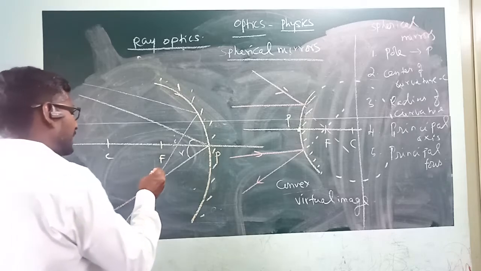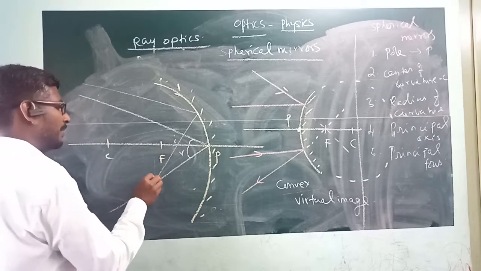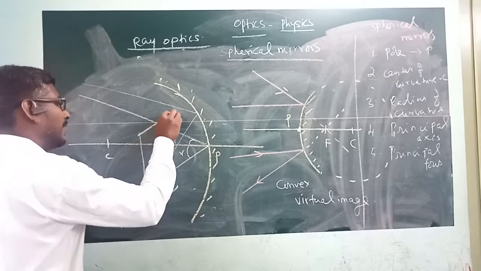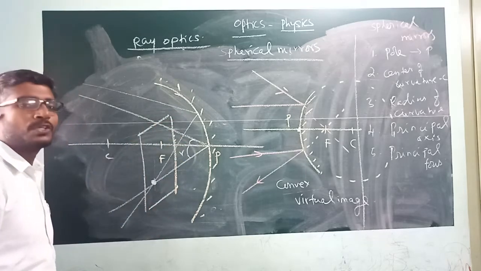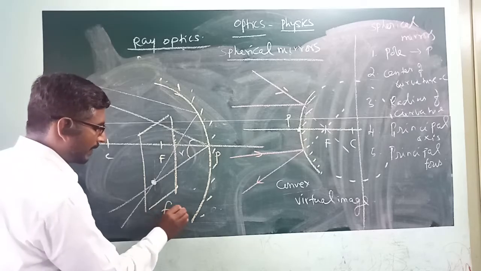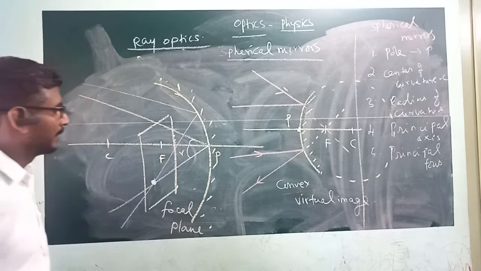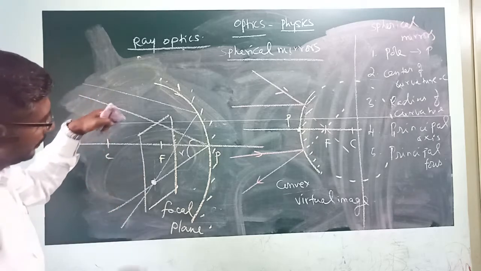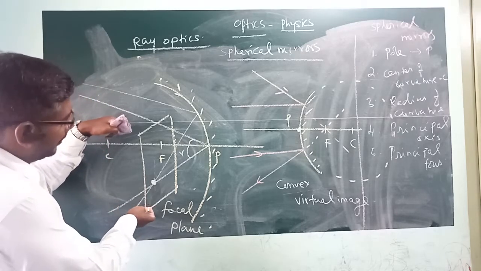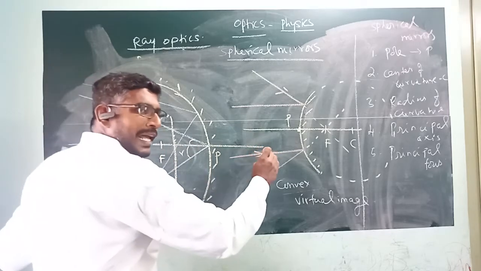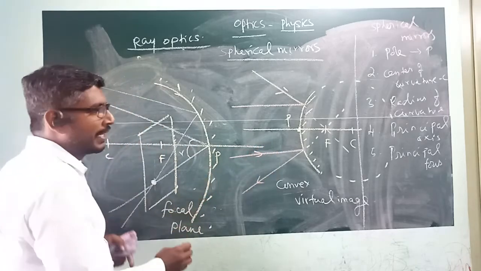So here it will make focus. Any vertical plane passing through the focus along the horizontal axis, you call it as focal plane. Any vertical plane that passes through the focus along the horizontal axis, you call it as focal plane.